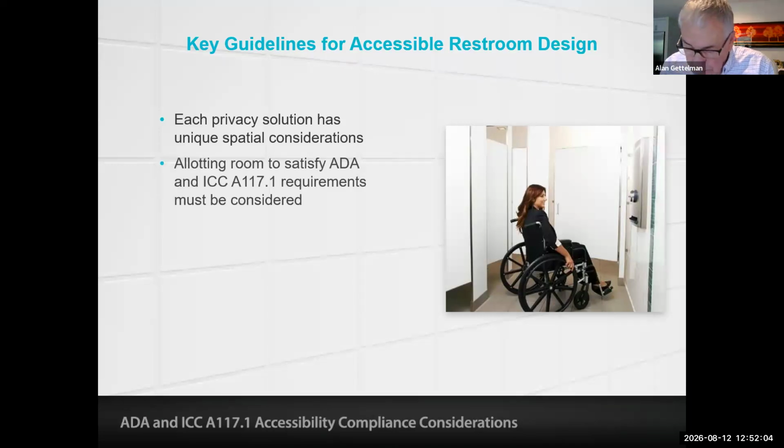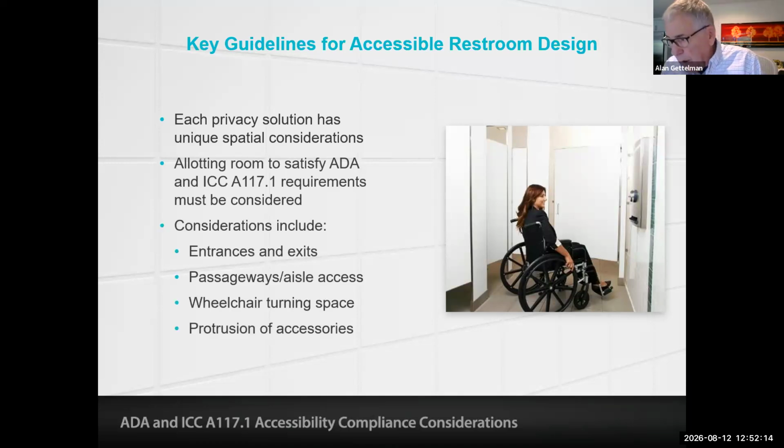In choosing a privacy solution, it's critical to consider the space required to comply with the ADA and A117 standards. Some of the considerations include the width of entrances and exits, the passageway space, wheelchair turning space, and protrusion of accessories into accessible routes.